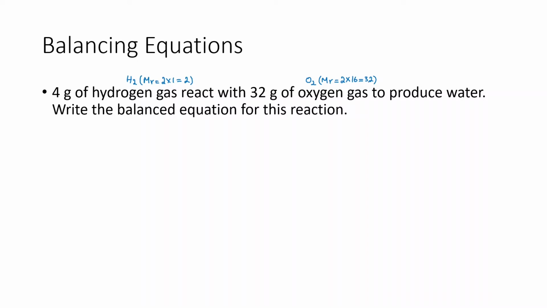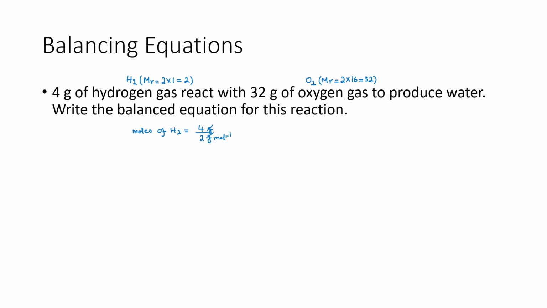Then, in order to convert these masses into moles, we divide by the MR, right? So, moles of hydrogen, we could write moles of hydrogen will be 4 grams divided by 2 grams per mole. So that's the mass of hydrogen divided by the molar mass.